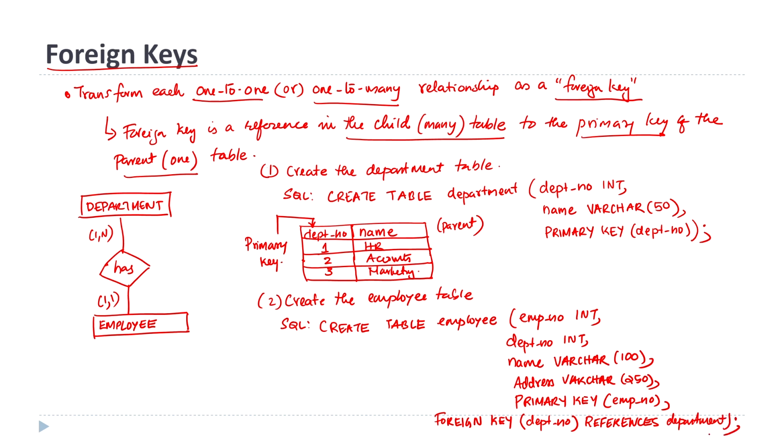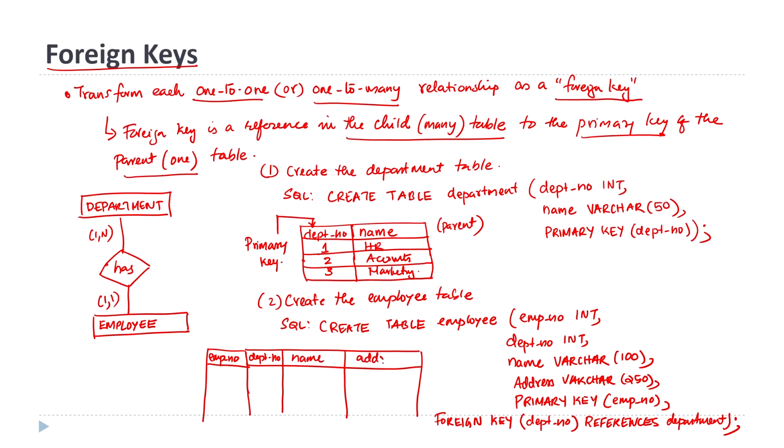So, now this command tells the DBMS that I have another table, that is the second table, where I have, I hope I am able to draw this properly, emp number, the employee number, then department number, then name and address.